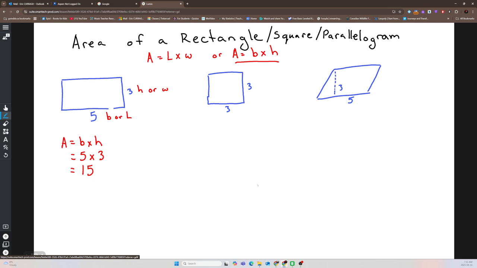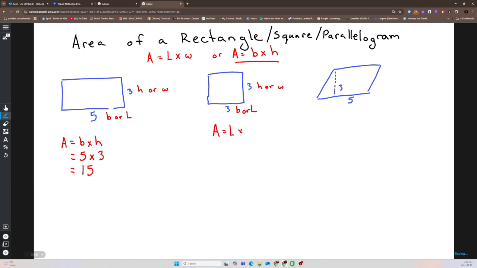For a square, it's exactly the same thing. We have a base or a length of 3. We have a height or a width of 3. And then we're going to input them into our calculation. Let's use length times width for this one.